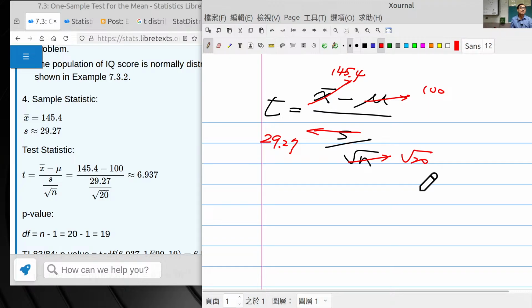Get it? How do you calculate this on the calculator on your computer?